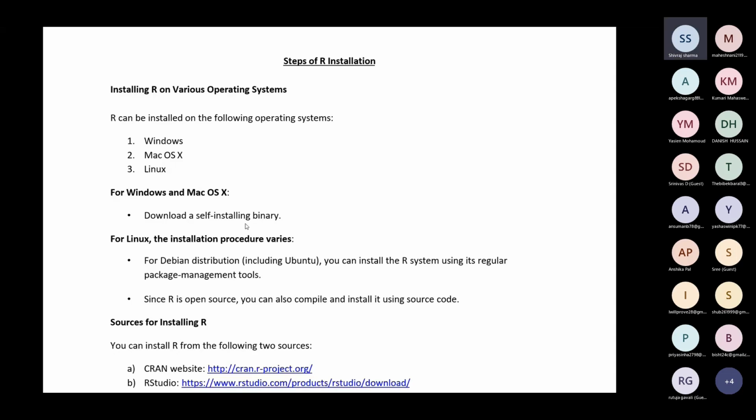Self installation library is just like other software that we install on Windows, just by clicking next, next, next, you can install it. And for Linux, there is a different process for installing R.